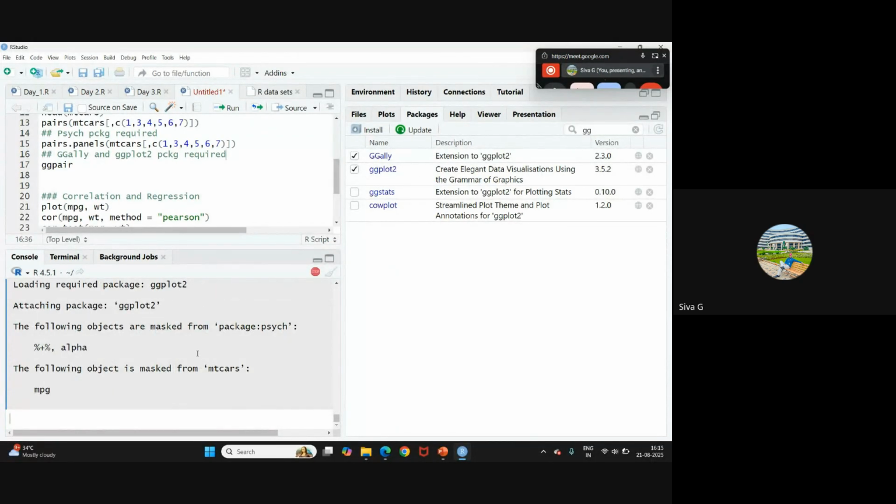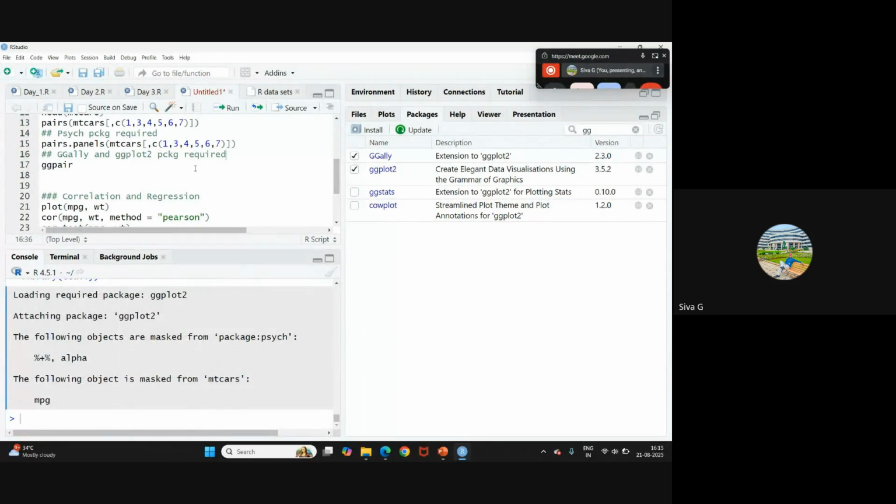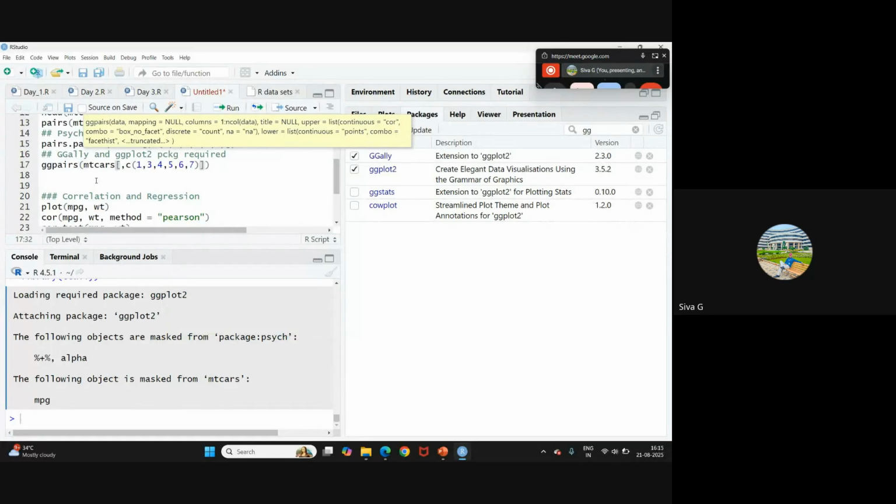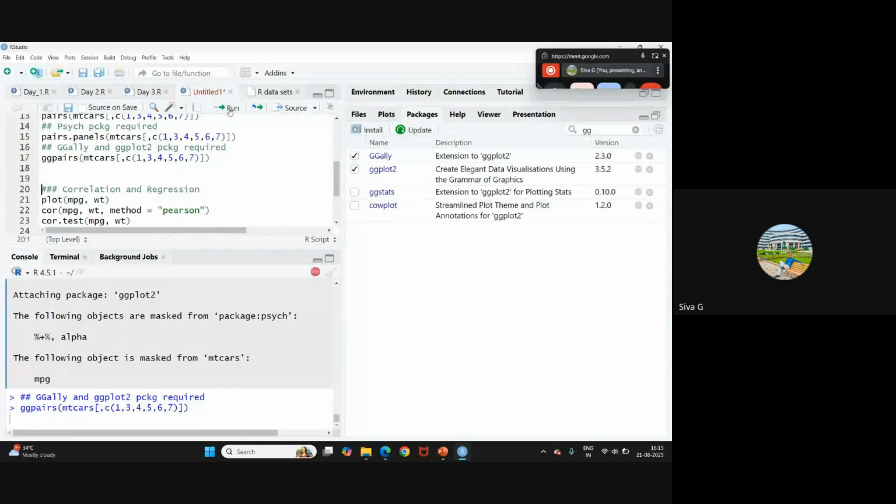I just click both. Fine. Now once you install GGally and ggplot2, automatically you get the drop down box suggestion, which means the code is now available. Now I will run this one. Yeah, it's working.